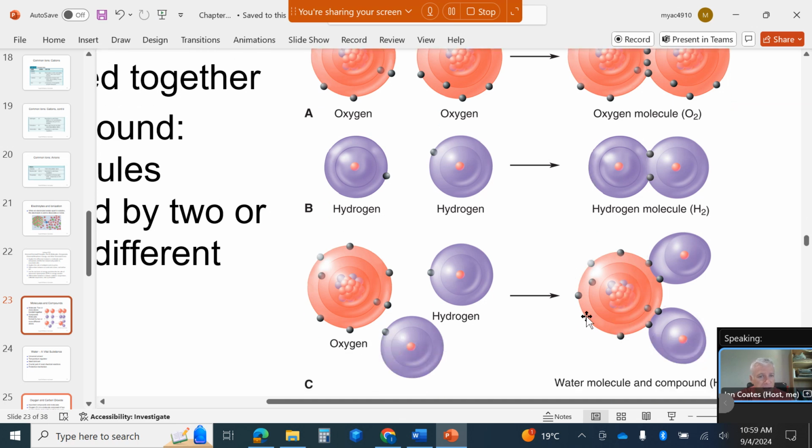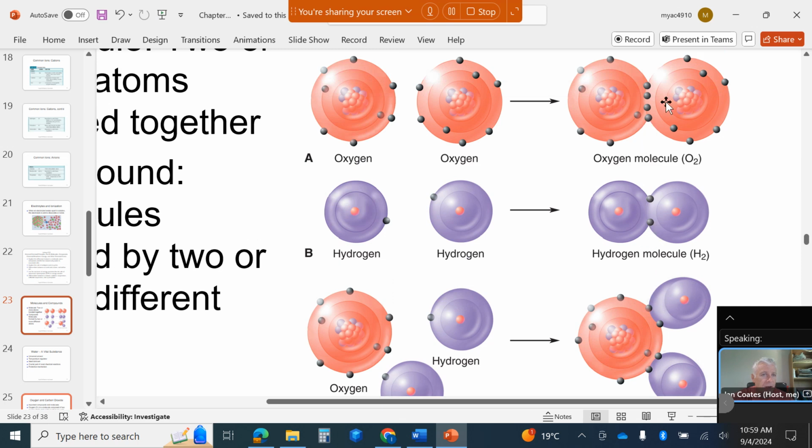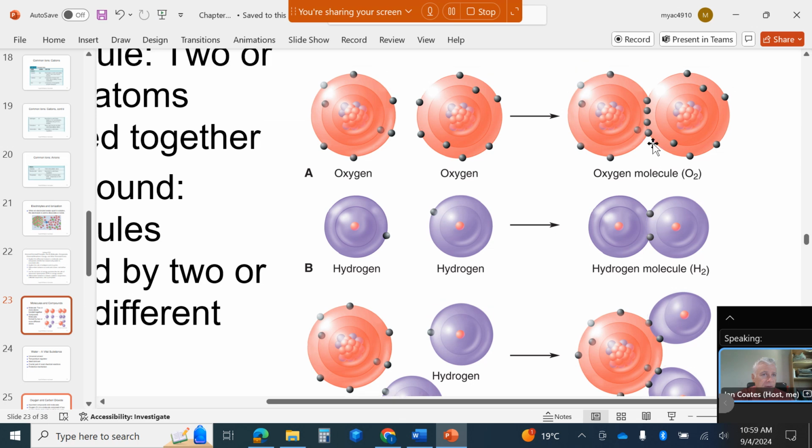You remember, right? The electrons are going to be hanging around this oxygen more than here. So this side is going to be negative. This side is going to be positive. We have a polar molecule. Have a look here. Who's the big boss here? Well, just looking at it, there is no big boss, right? This oxygen is the same as this oxygen. So these guys here are actually sharing those electrons equally, 50-50. This is a non-polar molecule. No attraction to any other molecule in the known universe.